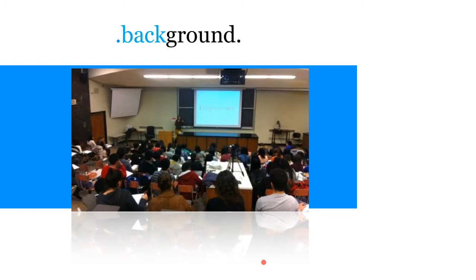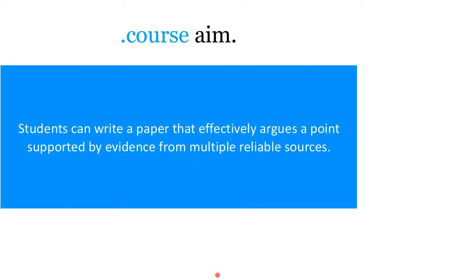So obviously one of those things that we need to do is a paper. Although this isn't really the only aim of our course, it is definitely one that drives much of the content that we teach. We really do want students to write a paper effectively that argues a point supported by evidence, and that evidence hopefully comes from multiple sources.